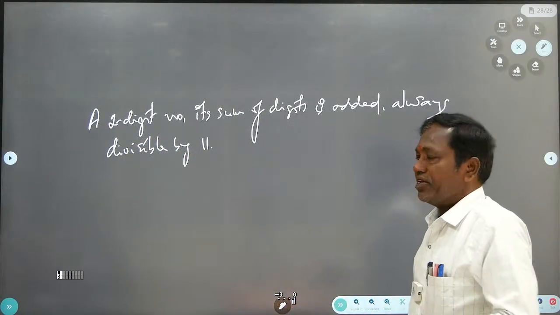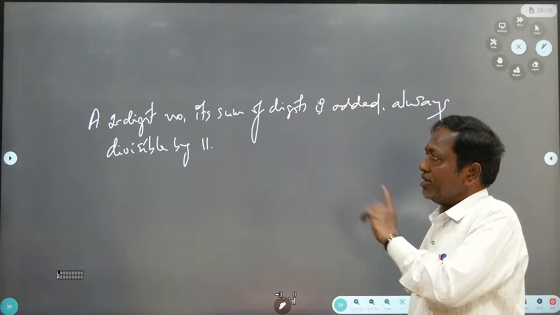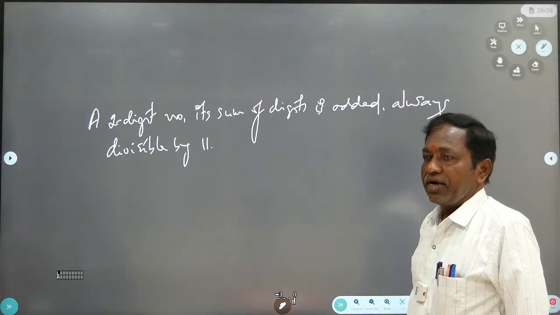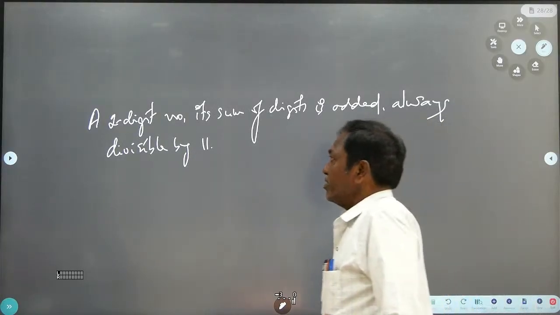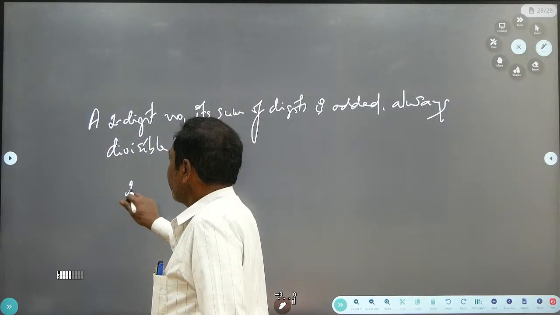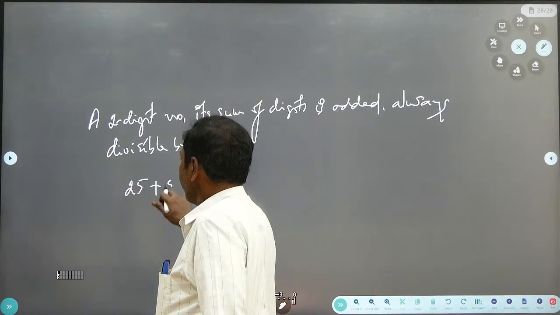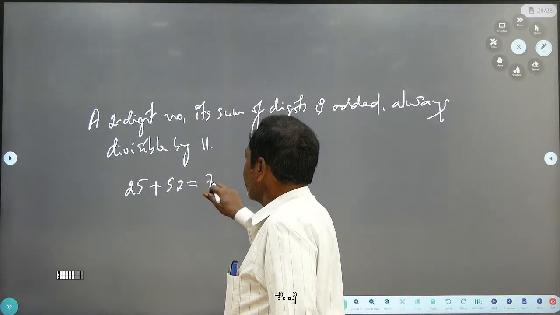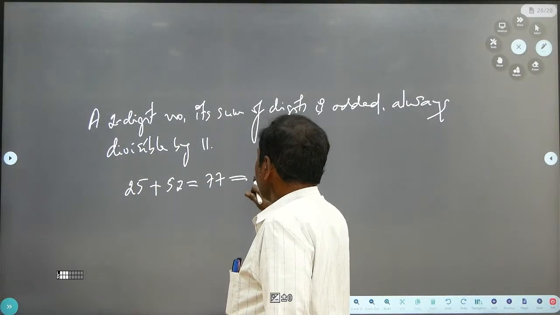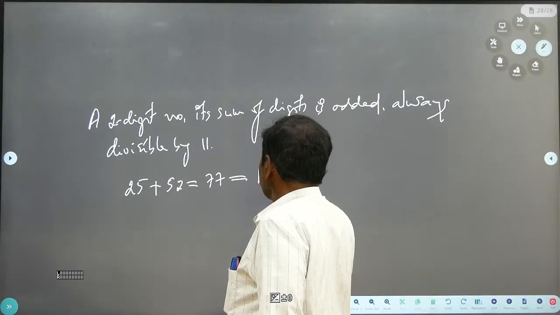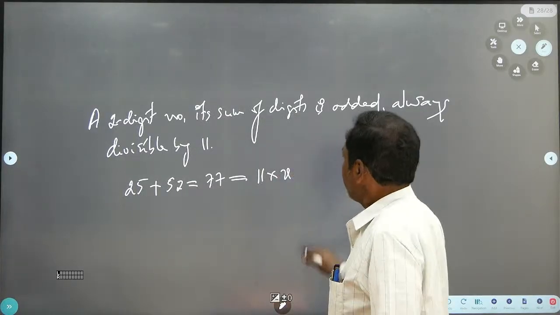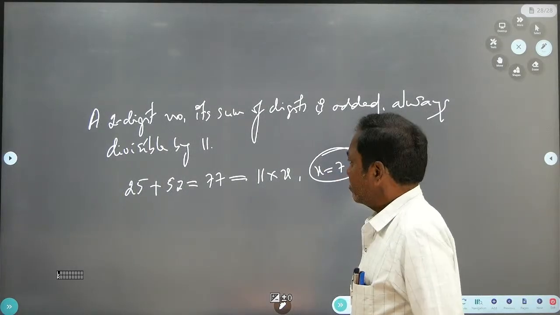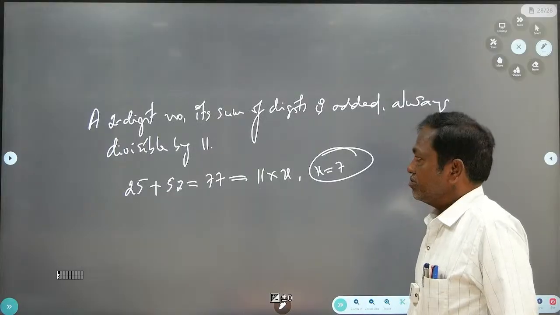Subtracting is divisible by 9, adding is divisible by 11. Say for example 25 plus 52 is 77, which equals 11 into x, then x equals 7. That is a property.